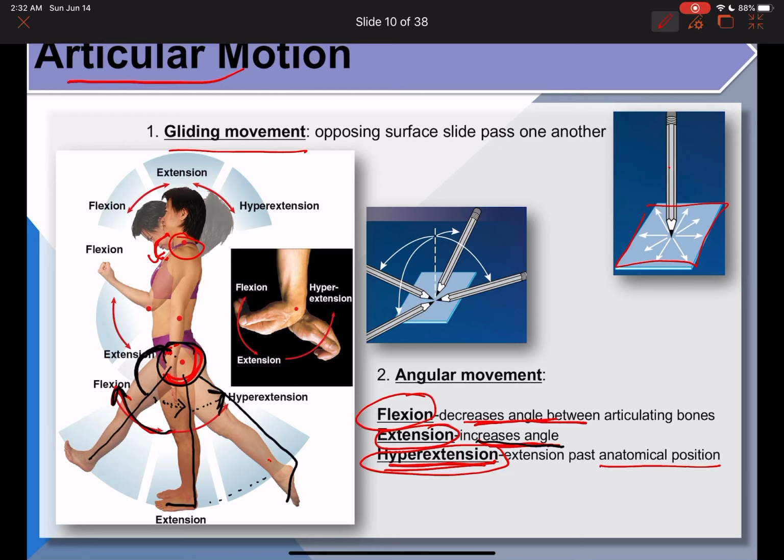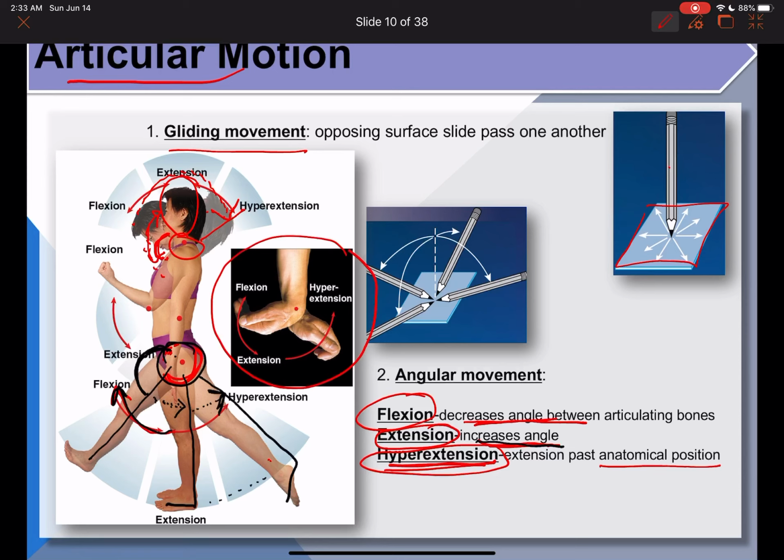And then if we have our head upright like this, then the angle gets bigger, okay? If we move our head back up. And if we're moving our head backward, then we're really extending the angle all the way in the back like that. Okay, so flexion, extension, and hyperextension.